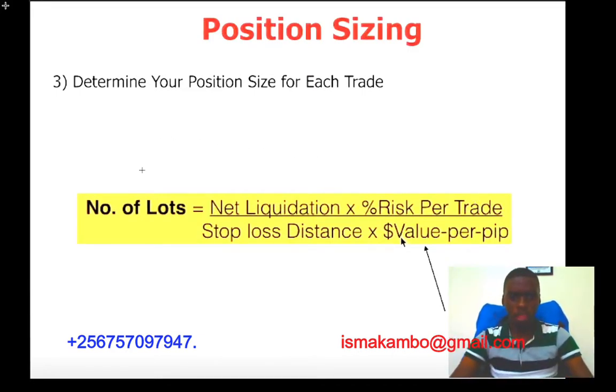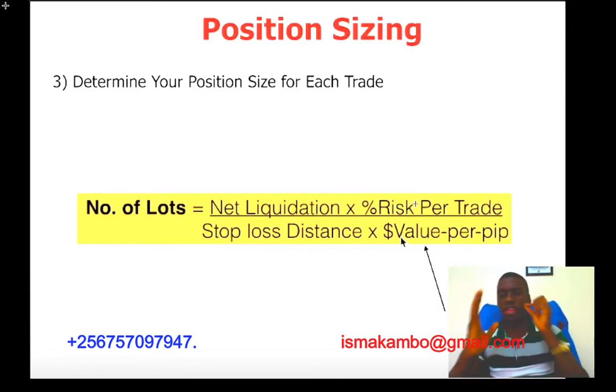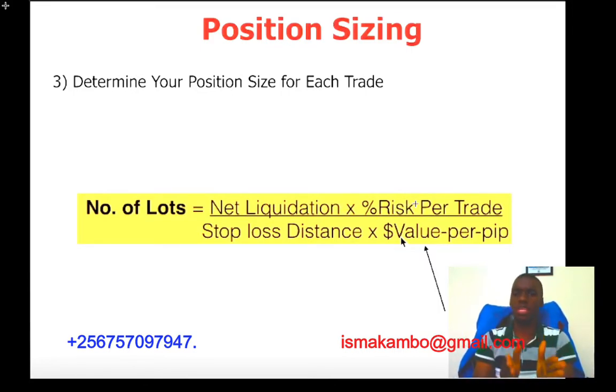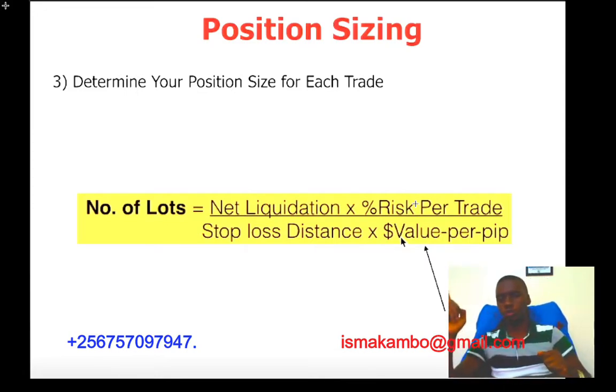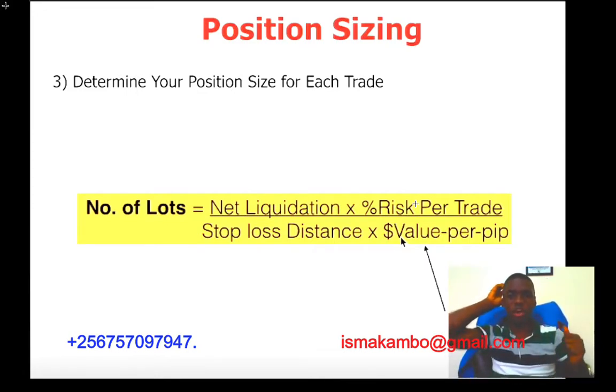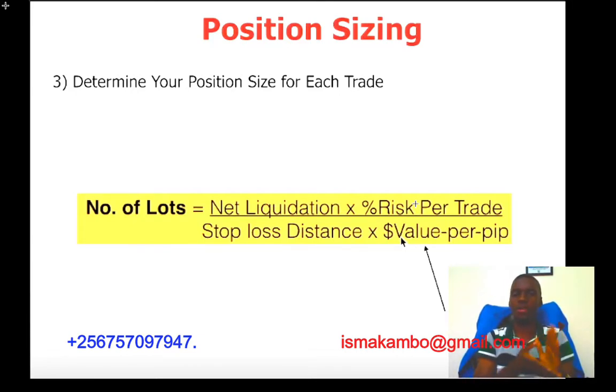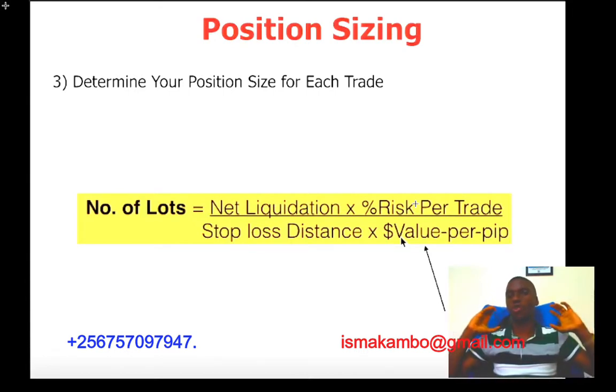For you to get the number of lot sizes to use, first you need to know your capital, the capital that you're using. You multiply it by the risk per trade. The risk per trade can be from 1% of your portfolio to 3% of your portfolio. So you can risk only between 1 to 3% of your total capital.